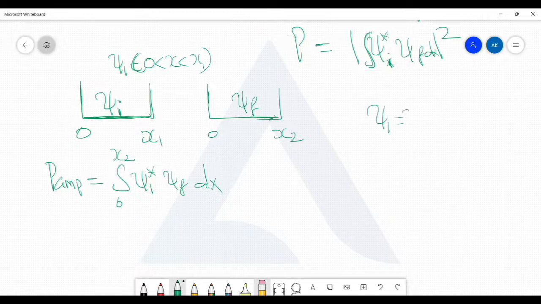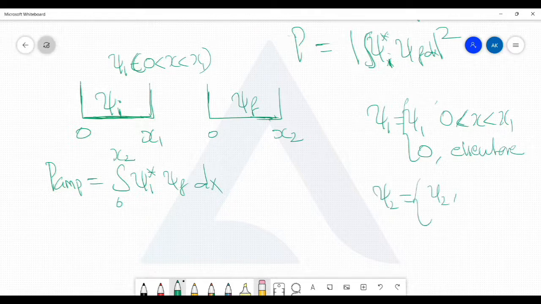Psi 1 equal to psi 1 for 0 less than x less than x1 and 0 elsewhere. Psi 2 equal to psi 2 for 0 less than x less than x2 and 0 elsewhere.